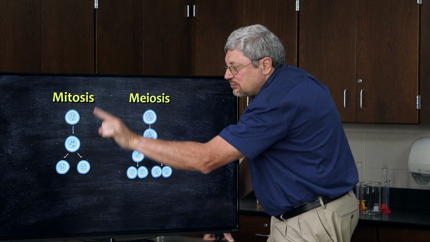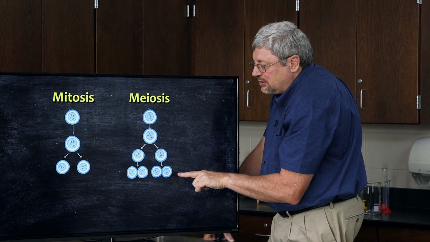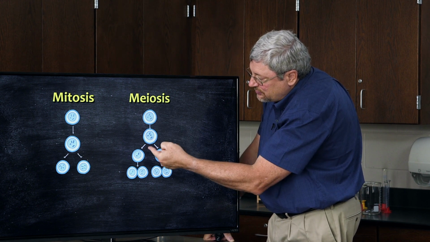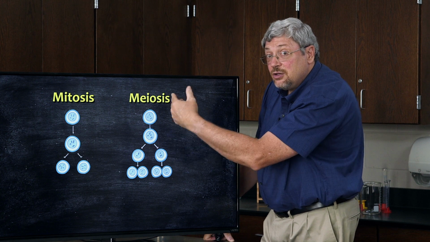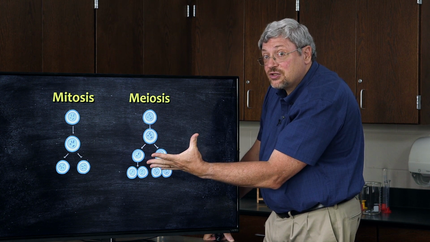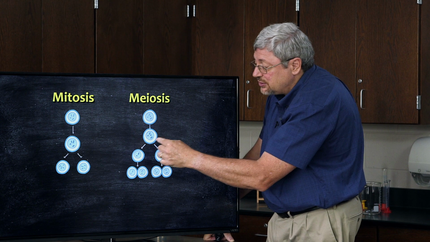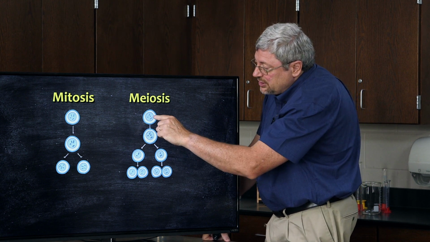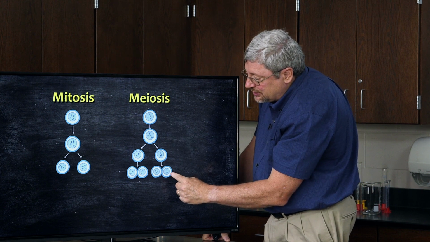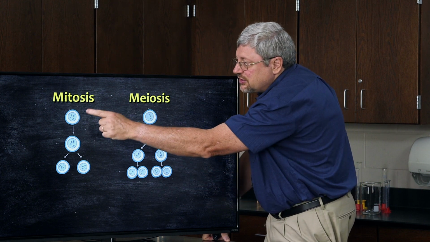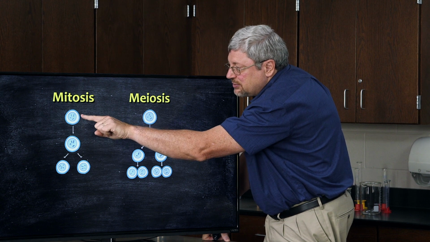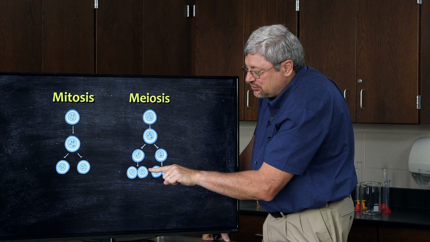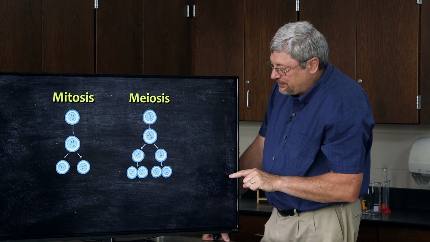So mitosis goes from 1 to 2, meiosis from 1 to 4, and the number of chromosomes divides in half, because in meiosis 1, you end up separating your homologous chromosomes. Only half the chromosomes end up in one cell, the other half in the other cell. So we end up with half the genetic material in each of these cells. Mitosis, same genetic material in the parents and the daughter cells. In meiosis, only half the genetic material is in each cell.